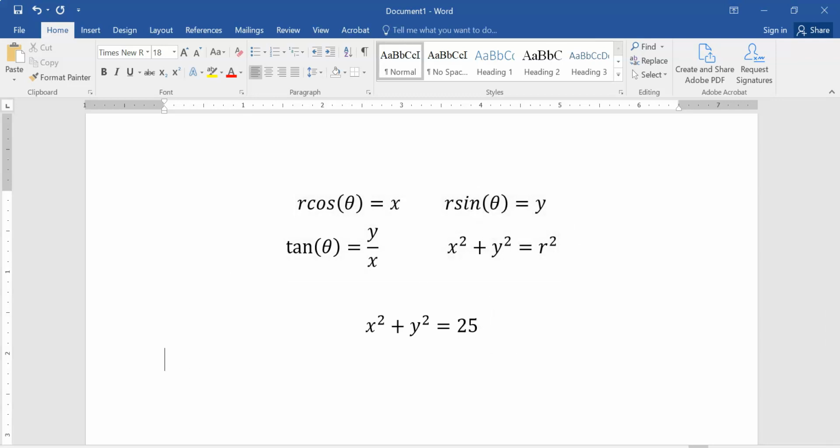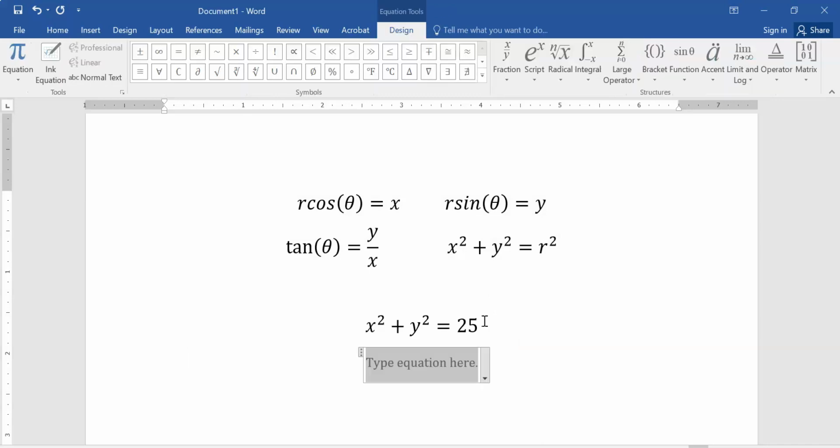If I start replacing the x with r cosine theta and the y with an r sine theta, you could do that in this example, but it's easier to take this x squared plus y squared as a unit and replace that with an r squared.